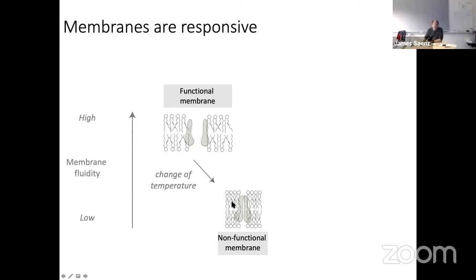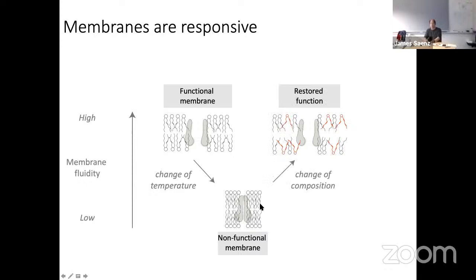So the cell can sense that something's gone wrong, and it responds by introducing new lipids to the membrane to restore the optimal properties. And this underlines a key feature of membranes: they're responsive. So that's another thing that we need to really understand in order to get at the key design principles of membranes.